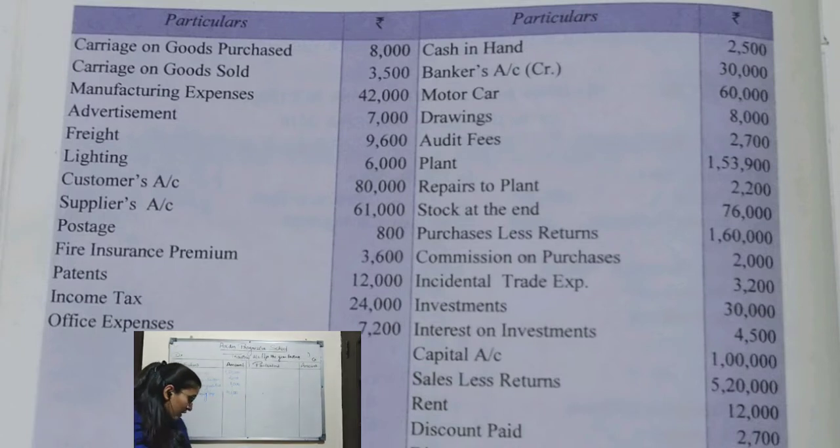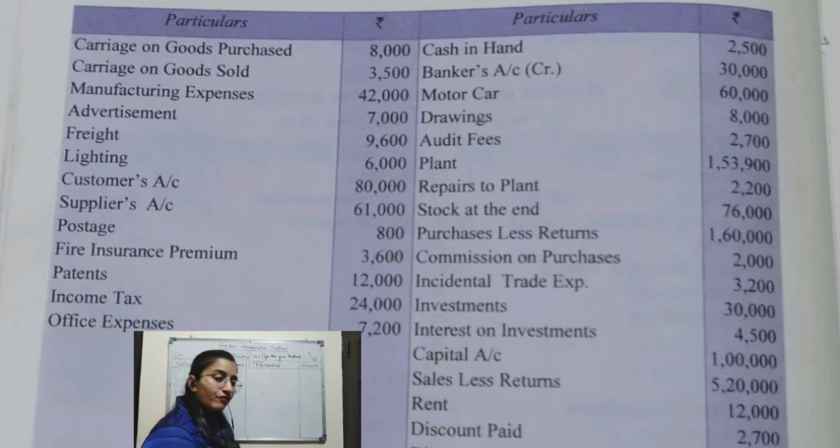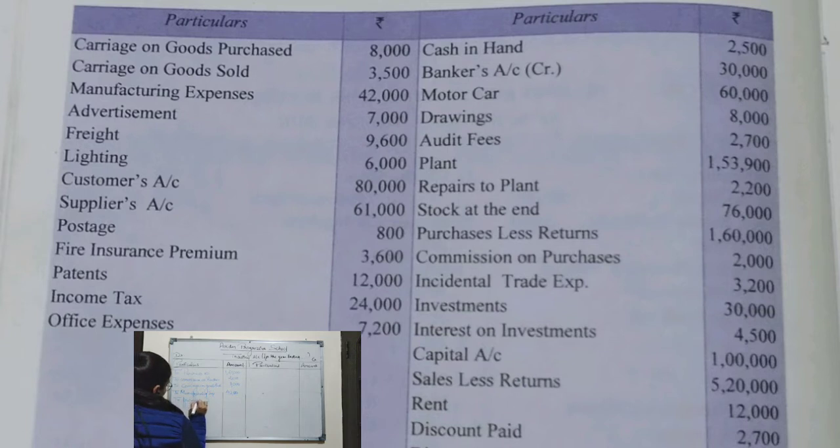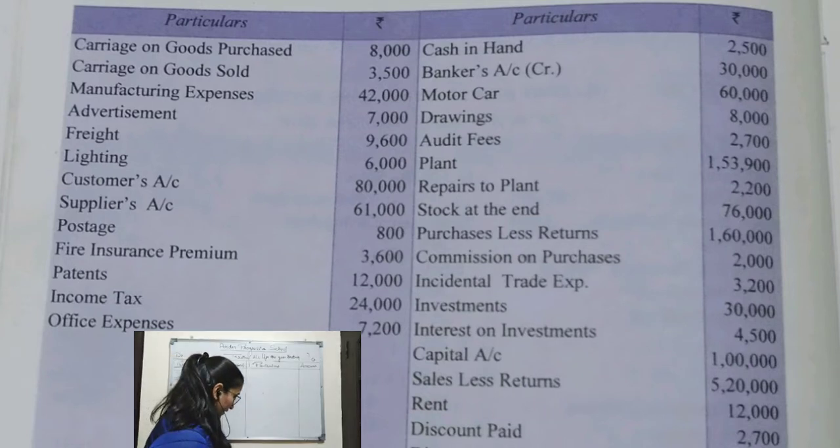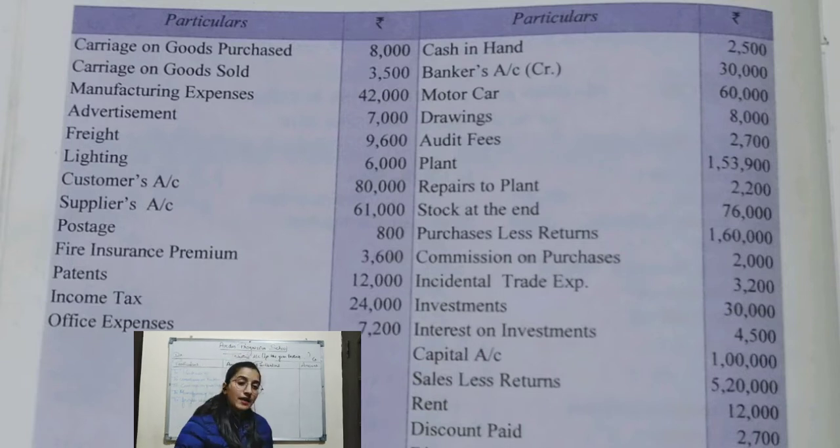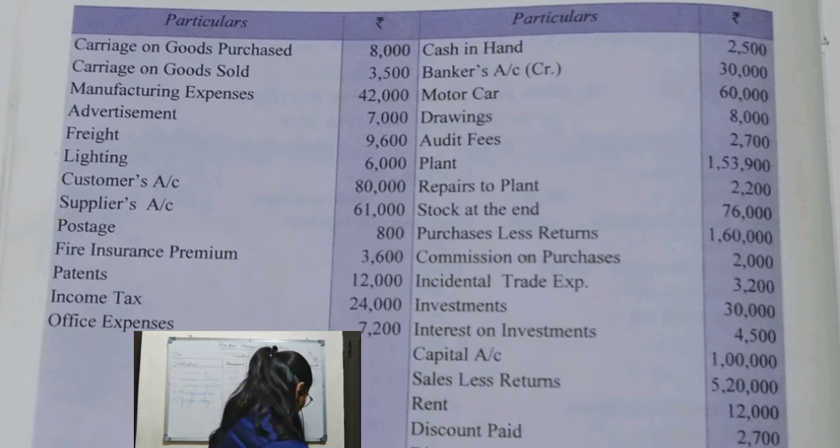After this, freight charges has been given. Freight charges amount to rupees 9,600. So we'll write here to freight charges 9,600. Next, there are no more items which will be recorded on the debit side of trading account. We'll go with the income of trading account.